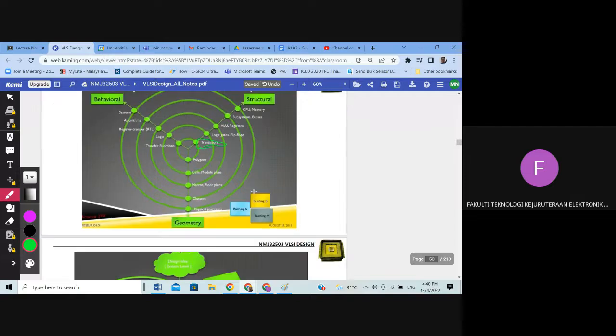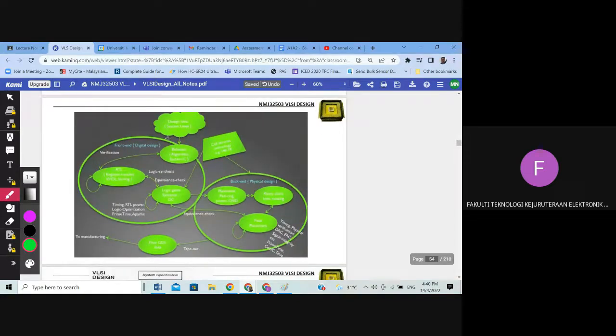All right, so we have also learned about this, just a revision. Remember, we have front end and also back end. Normally front-end design we relate to digital design, whereby we have RTL, register transfer level design, using VHDL or Verilog.